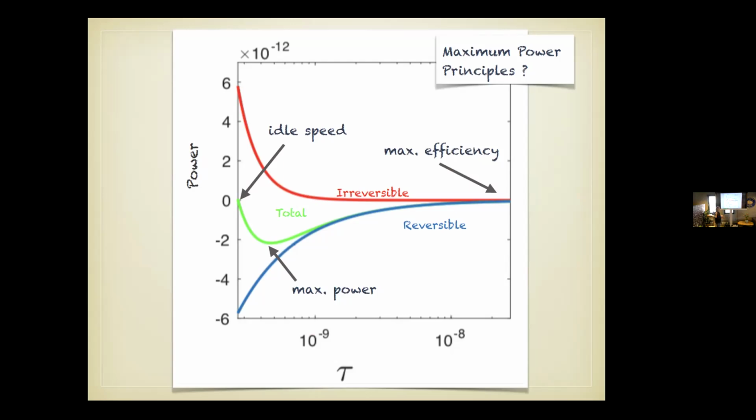So if you have a drill and you let the drill work, there's one frequency where the drill has maximum power output. And then you have one more thing here, the system in idle mode.